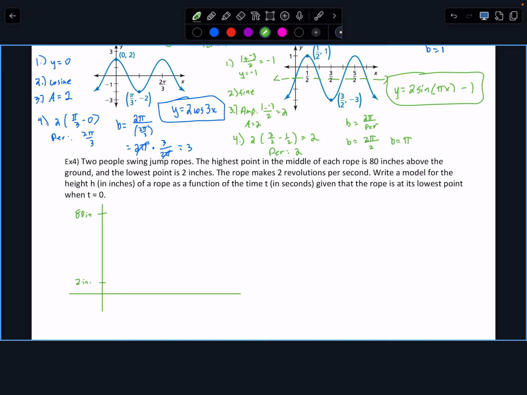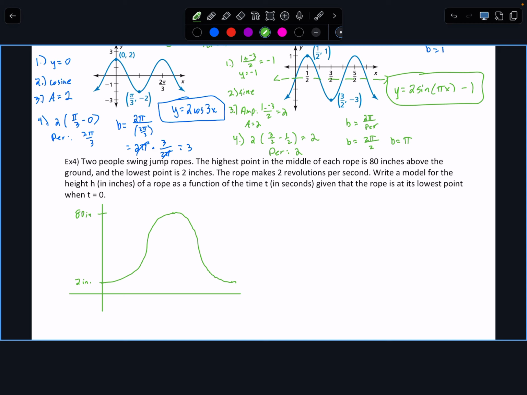Just know that is going to be the shape of the graph. And so the rope, as it swings, comes up, and then it hits the maximum and it comes back down and ends at the same height.